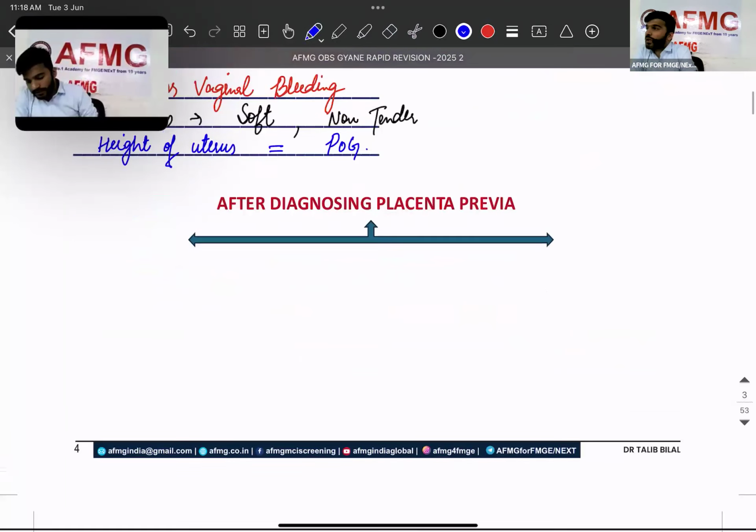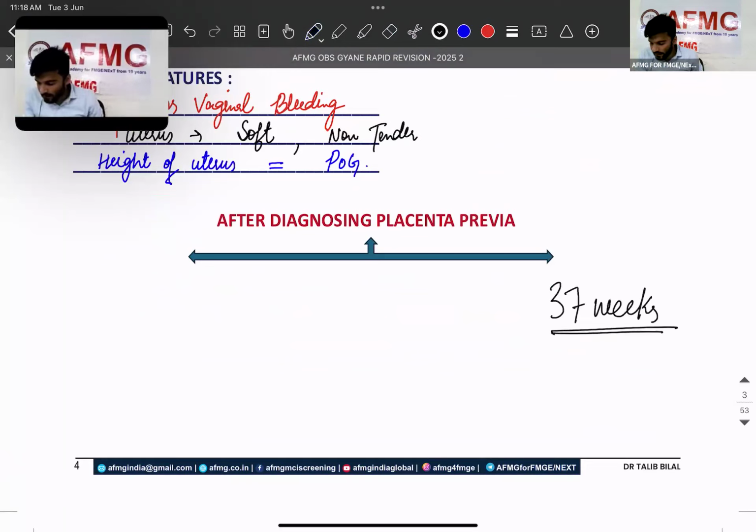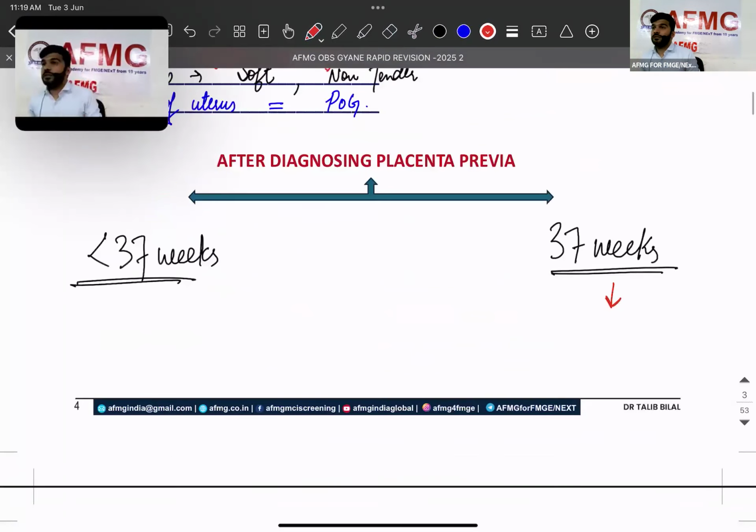So after diagnosing the placenta previa, there are 2 scenarios. Either 37 weeks or less than 37 weeks. If 37 weeks, that means which pregnancy? Term pregnancy. What is the management?